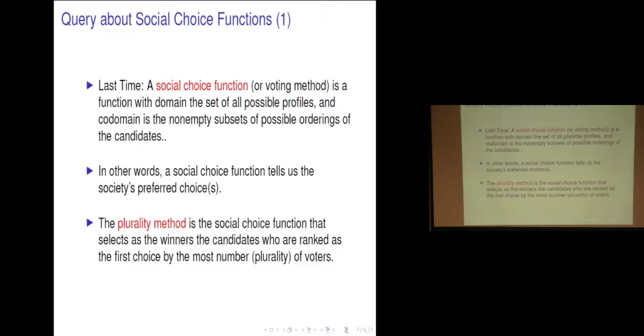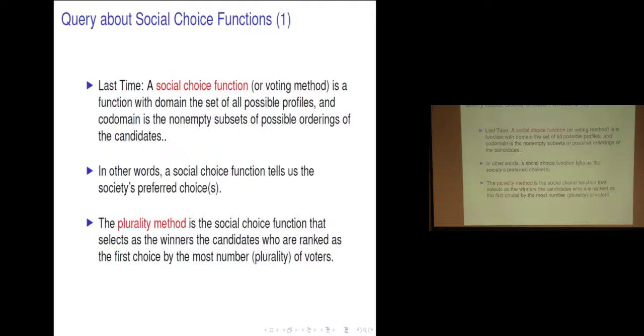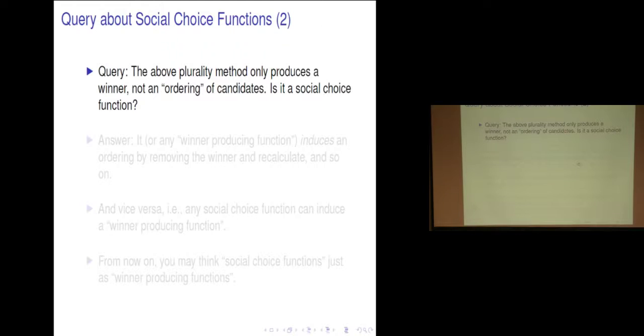Now, a sharp reader, one of you, made a nice query. He asked: the plurality method I just described only produces a winner. The method does not produce an ordering of the list.